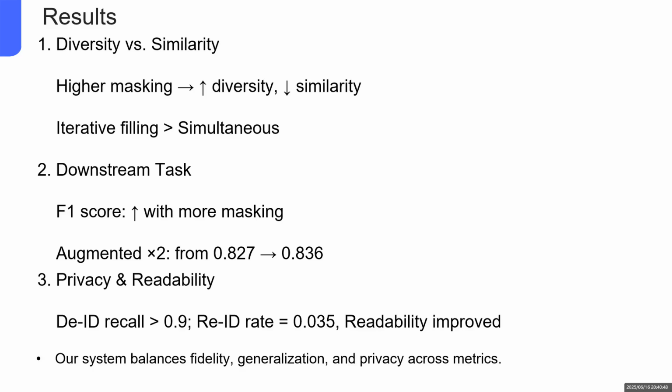We also found that synthetic records tend to have simpler language, which led to higher readability scores compared to the original clinical notes. And finally, most importantly, we were able to maintain a high level of privacy, a de-identification recall of over 0.9 and a very low re-identification rate of just 0.035.